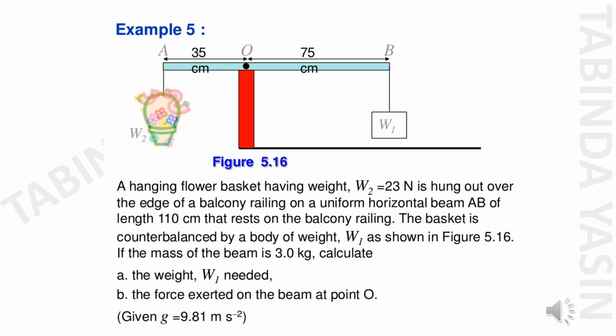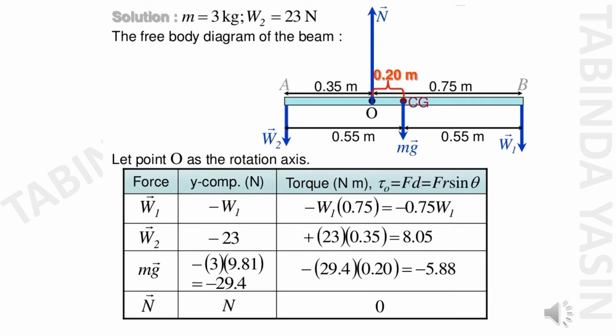From the previous work we're going to do this, and the value of g is 9.81 meter per second squared. Now we have mass equal to 3 kg and W2 equal to 23 Newton. From the free body diagram, we change the centimeter values into meter, that is from A to O 0.35 meter, and from O to B 0.75 meter. The force exerted on the center of gravity is W equal to mg.